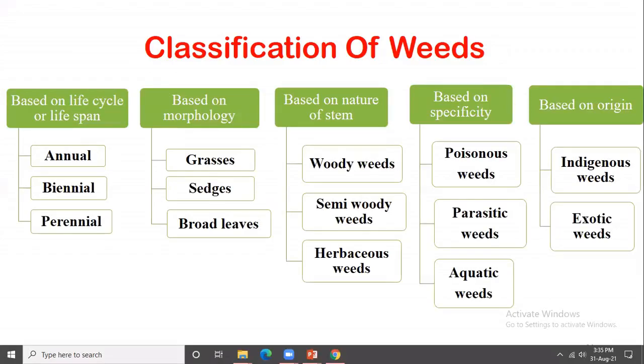Exotic weeds mean something indigenous to India or another country, for example India, that grows in our country. It is an exotic weed, like foreigners who come from another country, India or South Africa. That is the meaning of indigenous and exotic weeds.